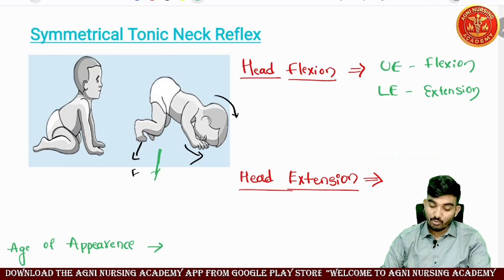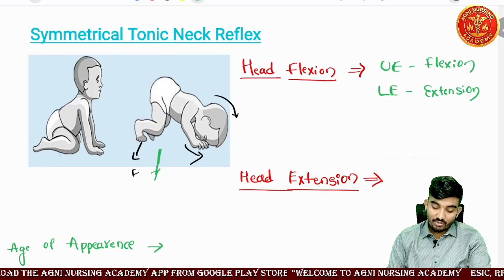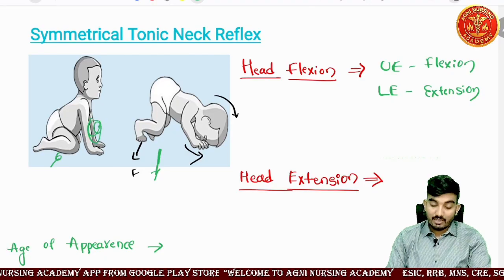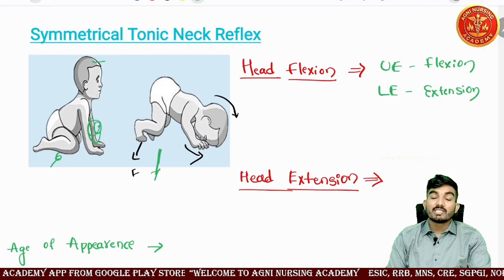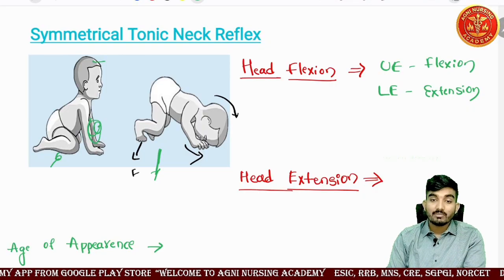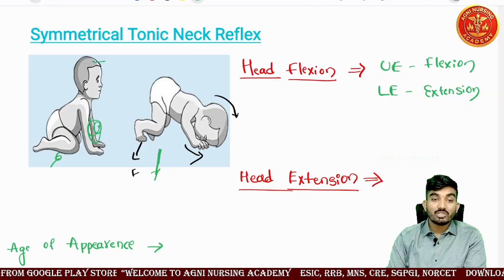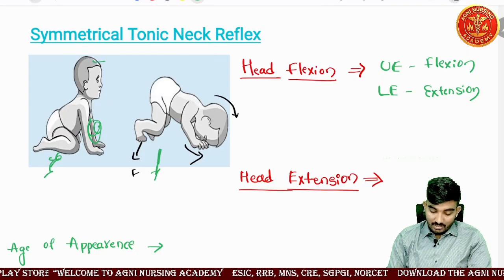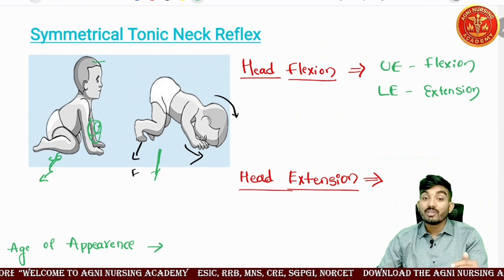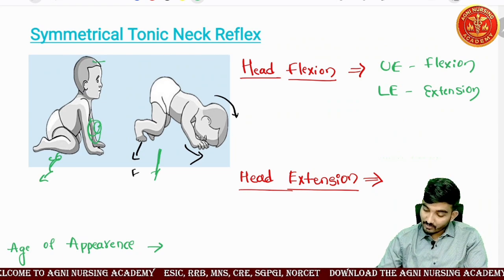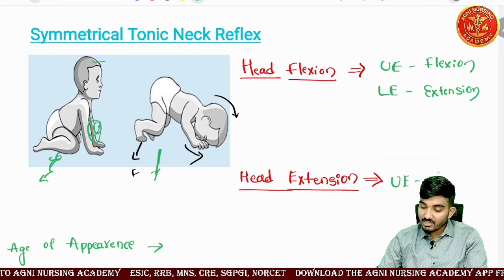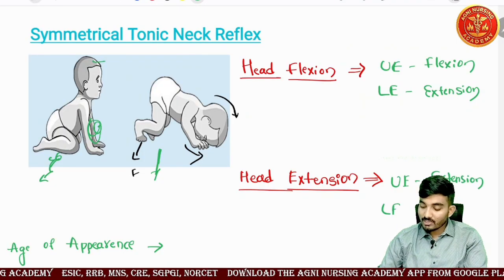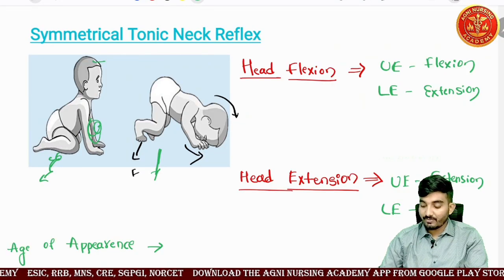See here, the second movement: flexion of the lower extremities and extension of the upper extremities and head. If we extend the head of the child, the upper extremities also extend, extension of both hands occurs, and the lower extremities flex.